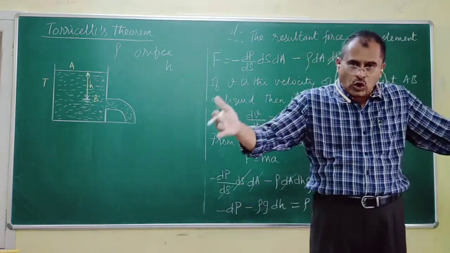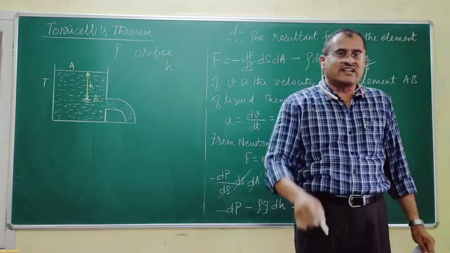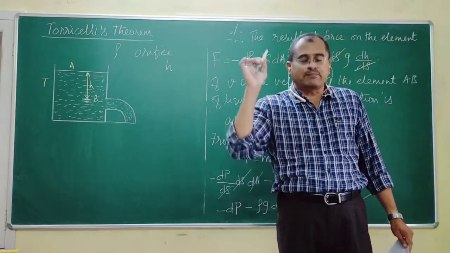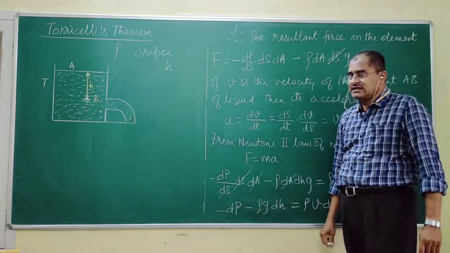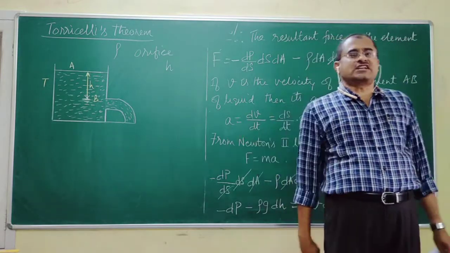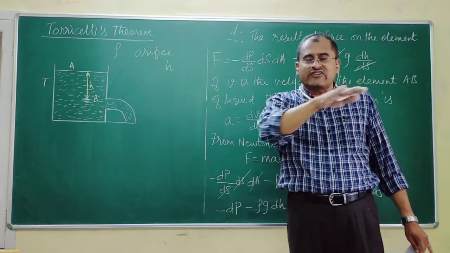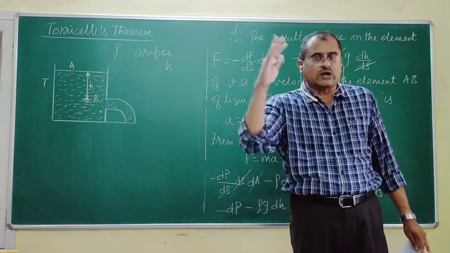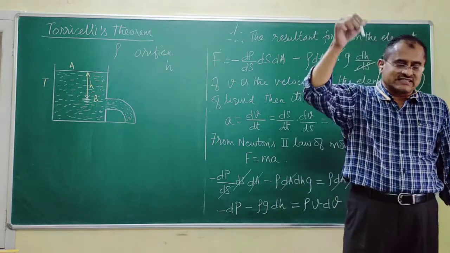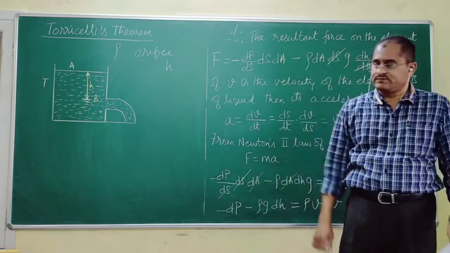Naturally, since it is an open vessel, the pressure acting on that surface at A will be atmospheric pressure. I repeat, we are considering the vessel to be sufficiently wide so that the velocity of the liquid at the surface can be taken to be 0. The pressure that is acting on the surface is atmospheric.